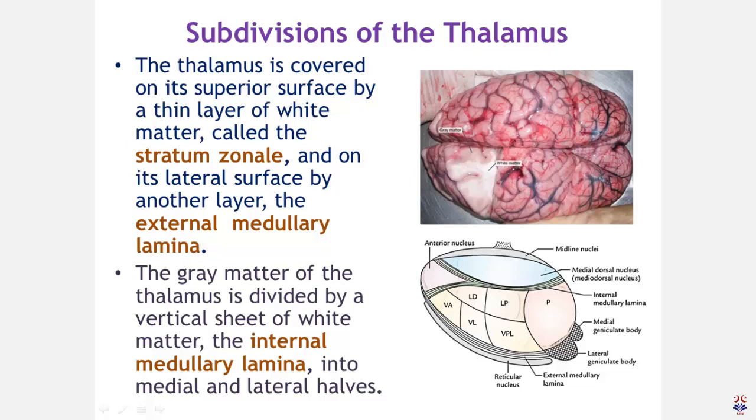This is the external medullary lamina, this is the lateral surface, this is the medial surface, and this is the interthalamic adhesion. And here on the superior surface is the stratum zonale.